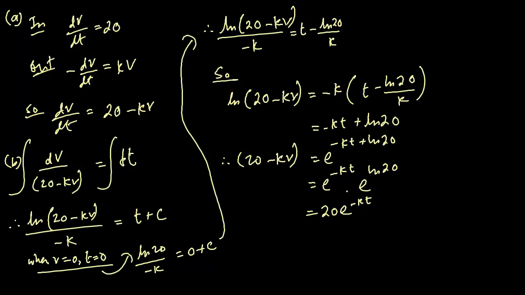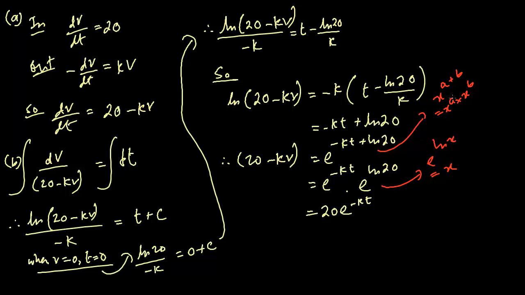Let me mention the rules that we have been using here. Here we multiplied by minus k, and then we used the rule e to the power ln x equals x, so we write 20 here. From here to here we wrote x to the power a plus b is the same as x to the power a multiplied by x to the power b.